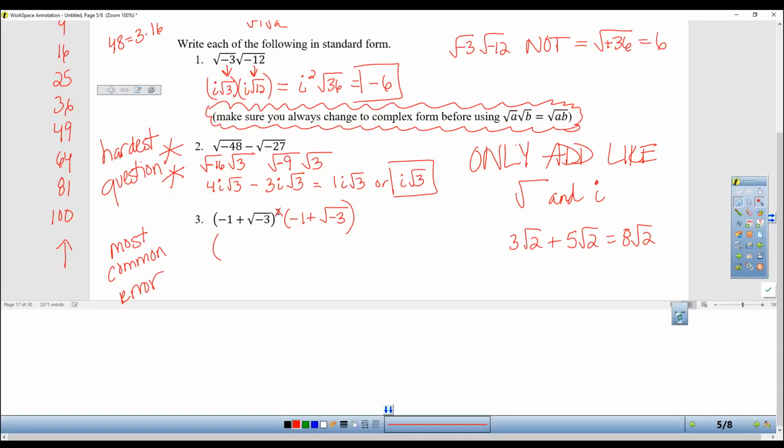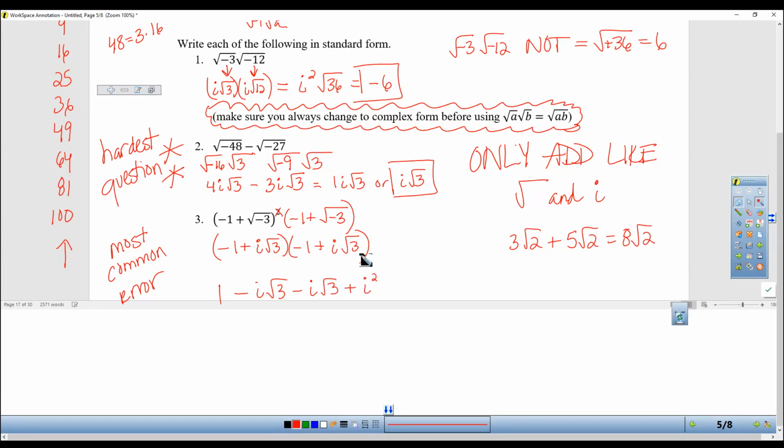And as we were originally starting this section, remember, we're going to change it to an i first. So i square roots of 3, negative 1 plus i square roots of 3. And now we can do it. So first, outer, inner, and last.